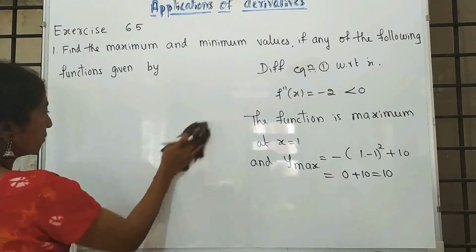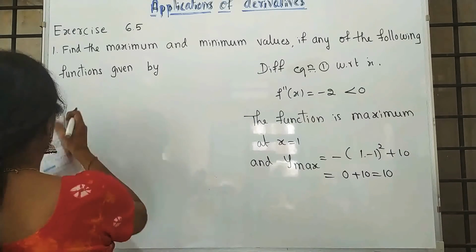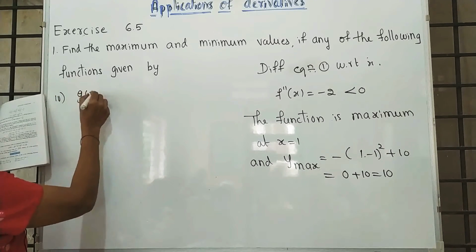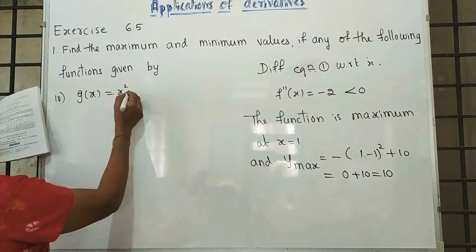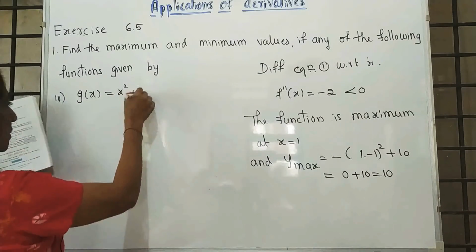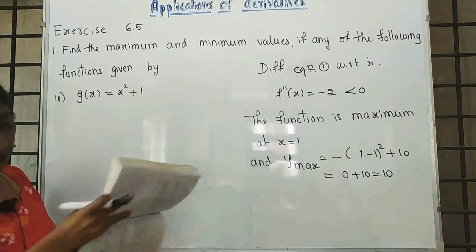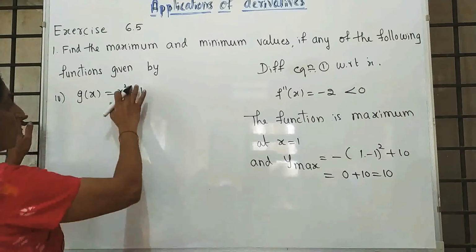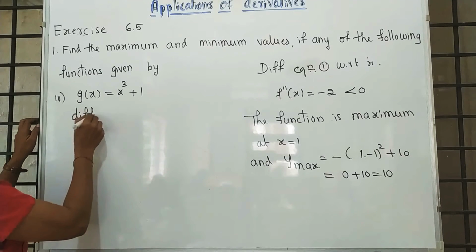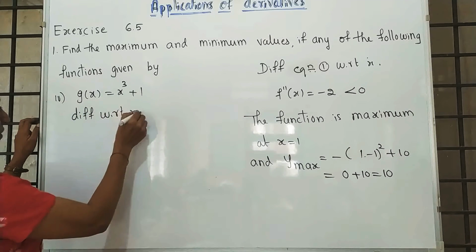Now moving to the next question, that is the fourth one. G of x is equal to x cube plus 1. First step, differentiating with respect to x.